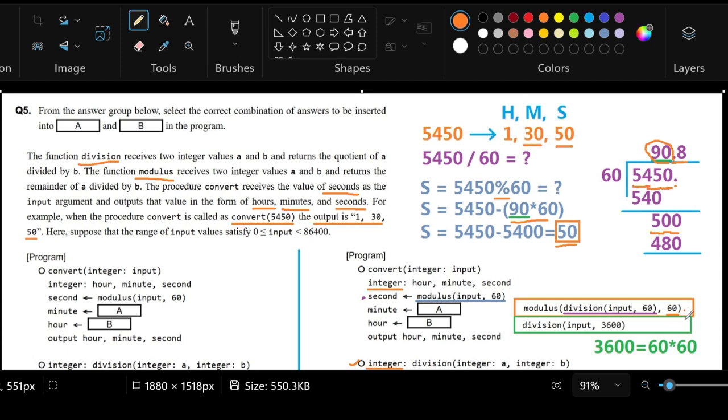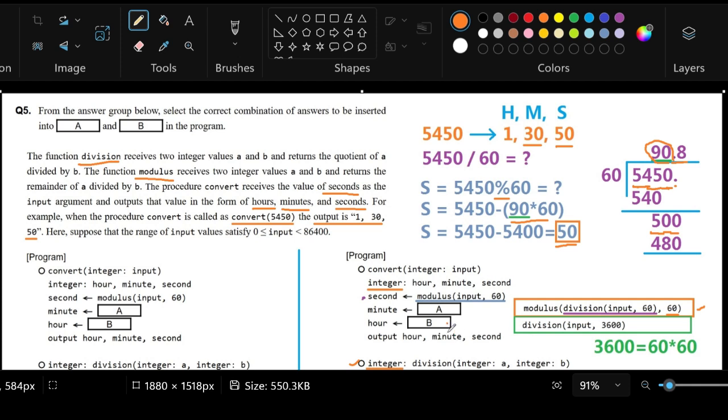This one already, right? Because in 90, how many 60s are there? We know that there would be 1 60 in 90, and the remainder when we do 90 minus 60 is 30. That's why the minute is correct in that we get 30 when we do this set of functions in this way.